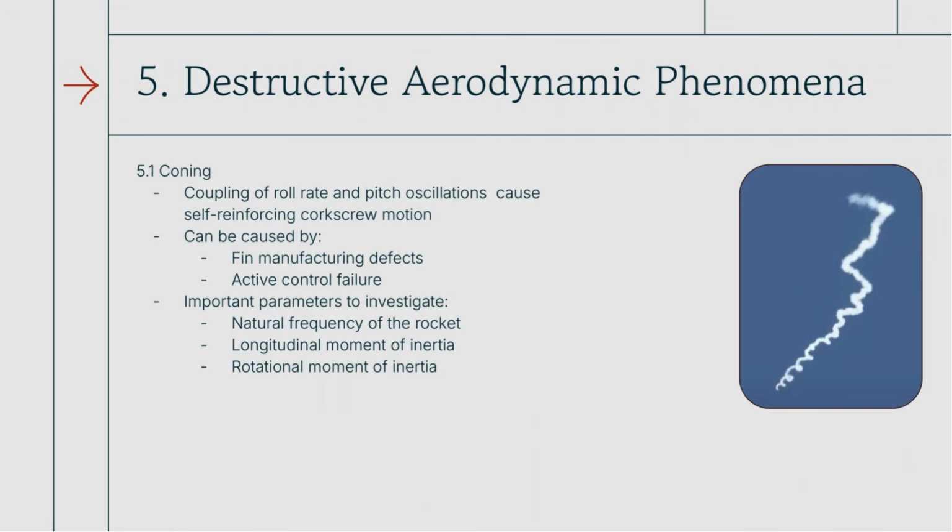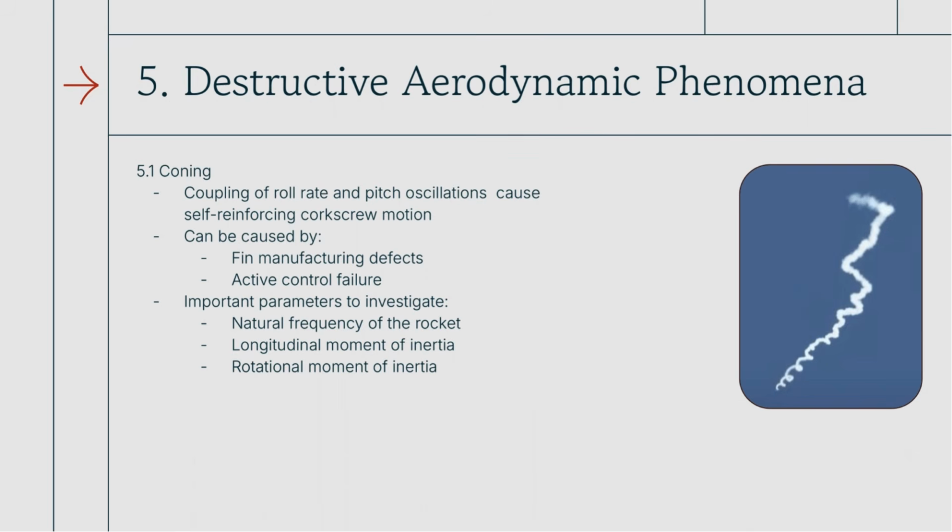All right, last section, we're going to talk about potential destructive aerodynamic phenomena. Basically really weird aerodynamic things that can completely destroy your vehicle. The first one is coning. Coning is the coupling of your roll rate and your pitch oscillations.